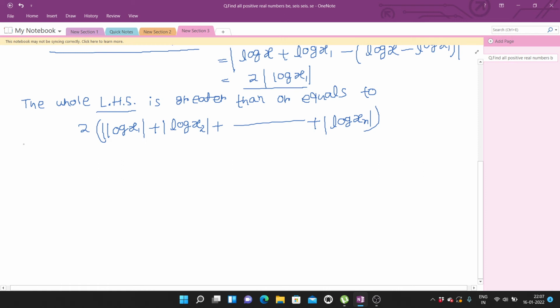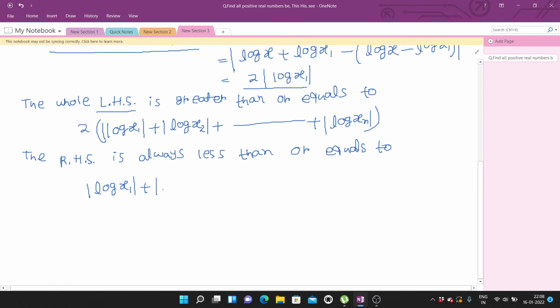The right hand side is less than or equal to this thing, because it is always less than as per the generalized version of the triangle inequality.